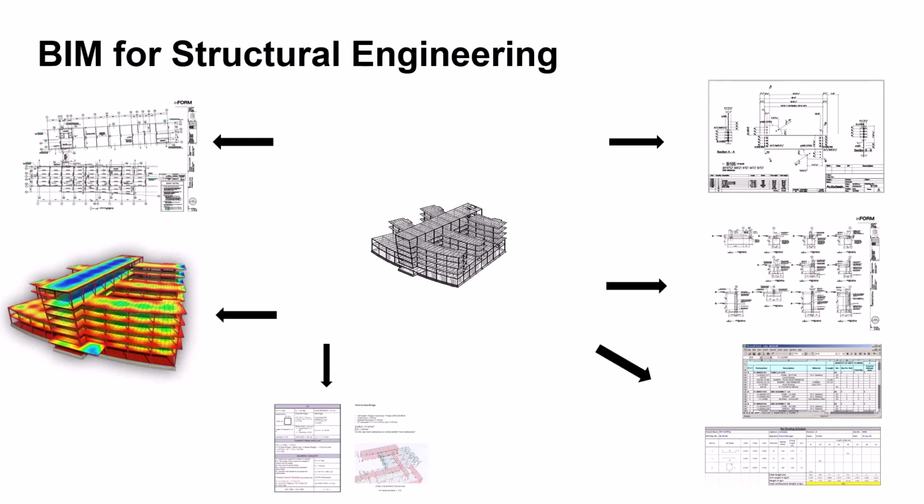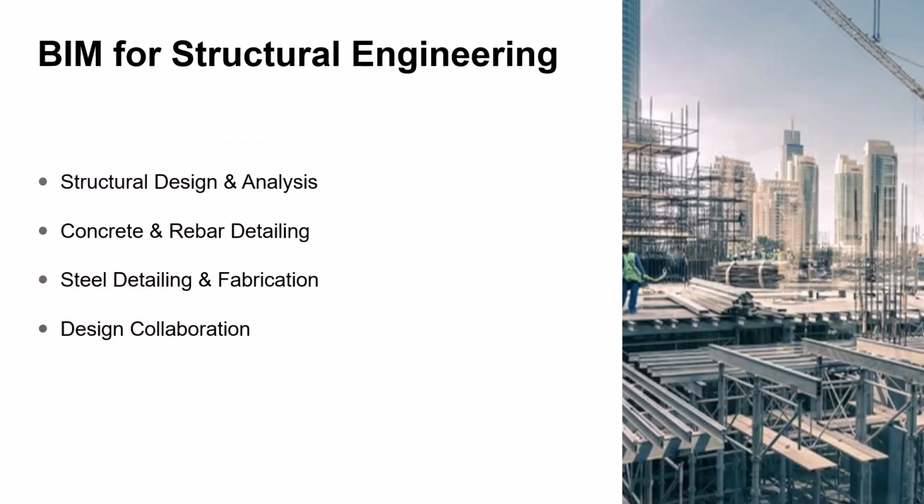Any change made to the model is automatically reflected everywhere. So this means fewer errors, faster updates, better collaboration between disciplines, of course. BIM also allows us to visualize and analyze the structure in ways that 2D simply can't, helping us make better design decisions earlier.